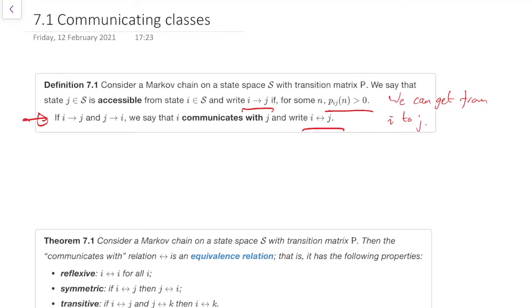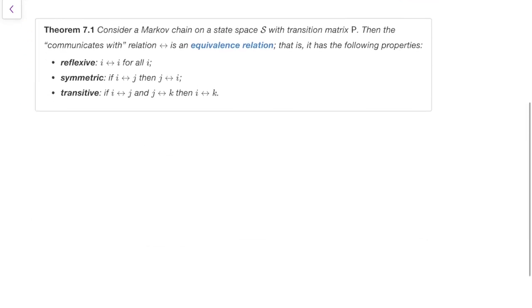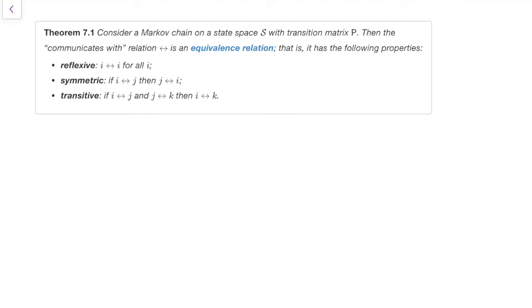Okay, so we've defined this communicates-with relationship, this double arrow. Because we're mathematicians here, we ought to be thinking, what can we prove about it? And here's something we can prove about it. We can prove that it's an equivalence relation. Hopefully you remember from a previous course last year what an equivalence relation is, but in case you've forgotten, there are the three properties you have to satisfy.